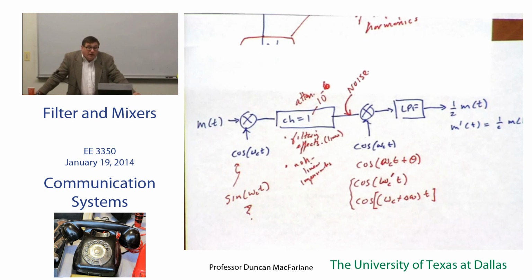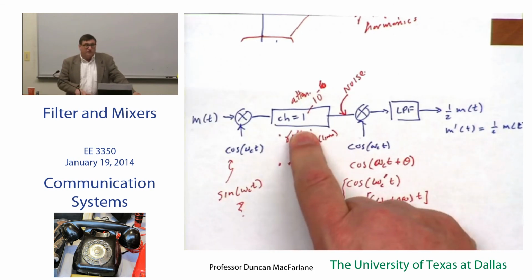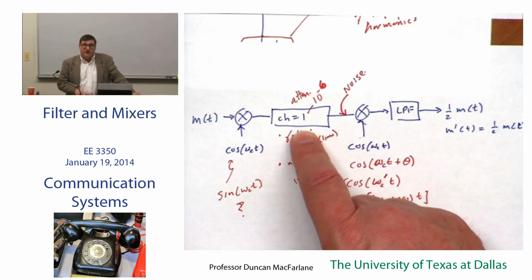I will motivate it by saying this link, this antenna, very expensive. The bandwidth we bought from the FCC, very expensive. If I can get twice the information down that channel, I get twice the revenue. Good. Right?